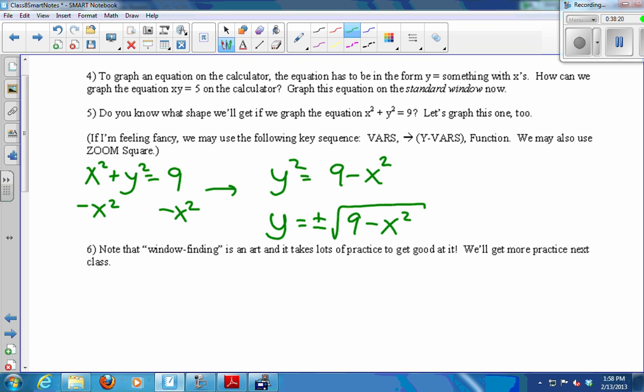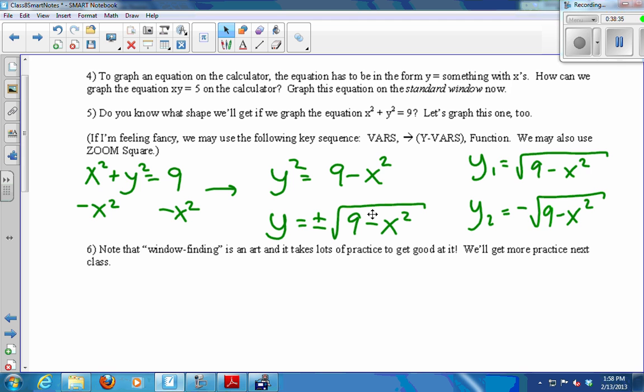So I actually have two equations. So I'm going to put y1 is the square root of 9 minus x squared, and y2 is going to be negative the square root of 9 minus x squared. So because of the plus or minus, I have to write two different equations to represent this single x squared plus y squared equals 9.